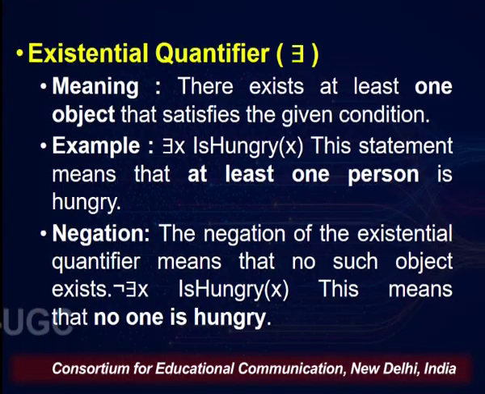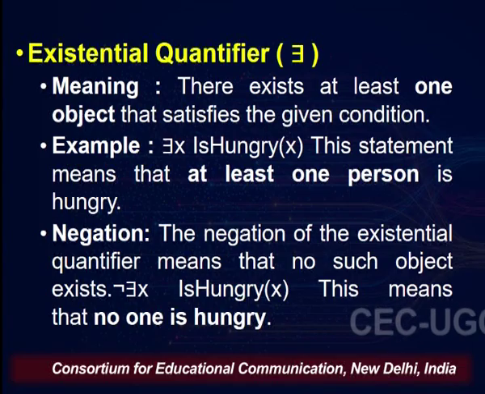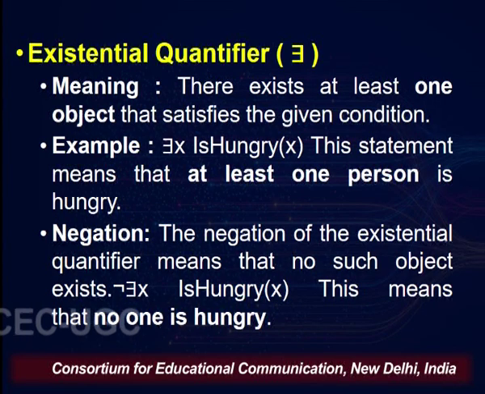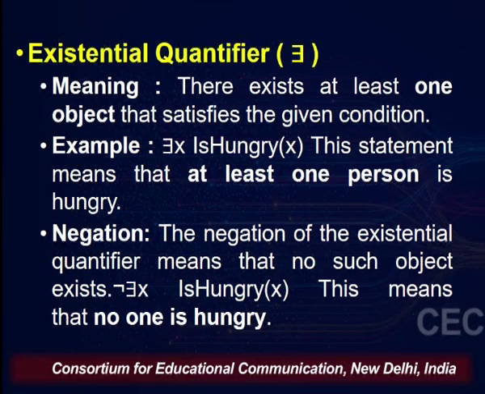The existential quantifier means there exists at least one object that satisfies the given condition. So, for example, there exists X, is hungry, where X is passed as the argument within the brackets.